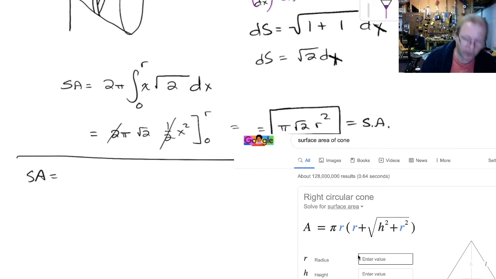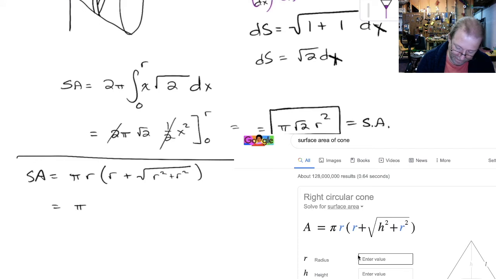If I do that, let's see, I get surface area according to them is pi times r plus square root of r squared plus r squared. Okay, so inside of here we've got 2r squared.